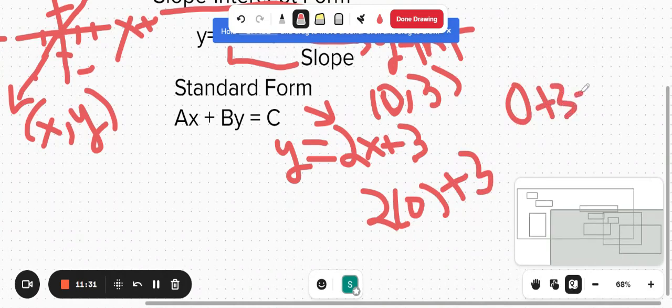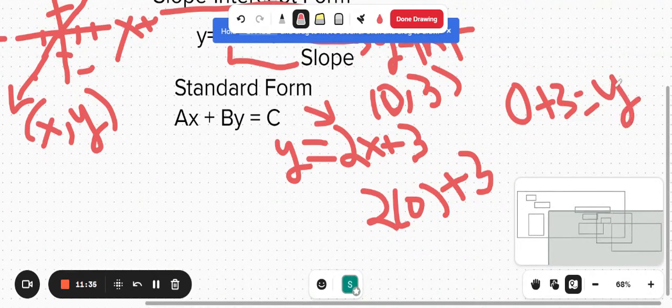So 3 is your y value. As you can see, this point holds true with this equation, and it is a y-intercept because the x value at that point is 0. So that's what the slope-intercept form can tell you.